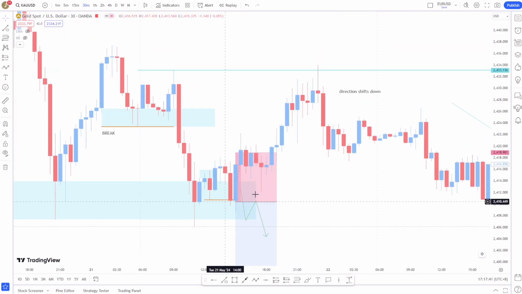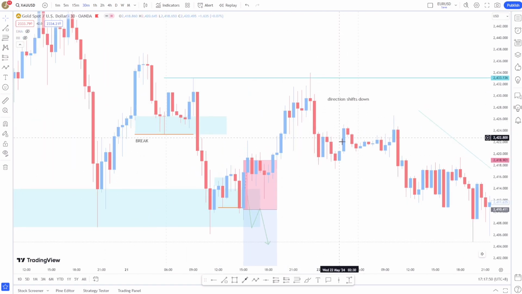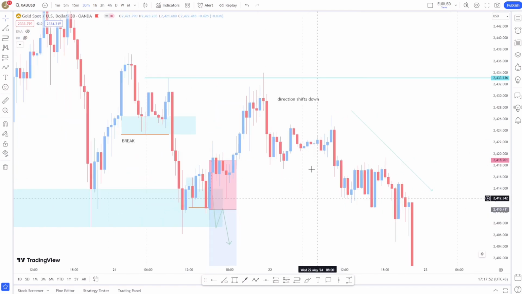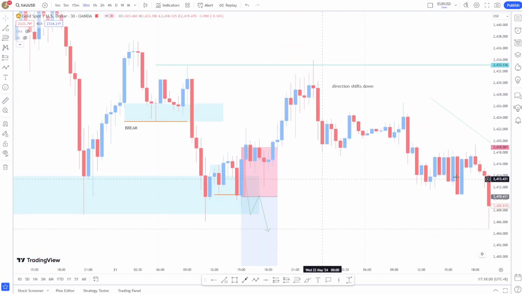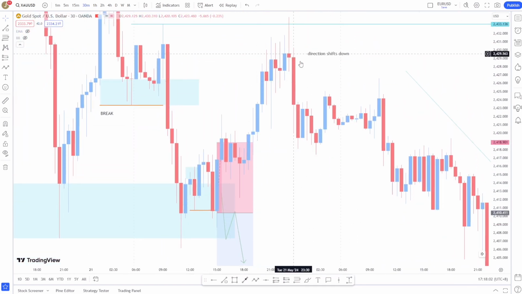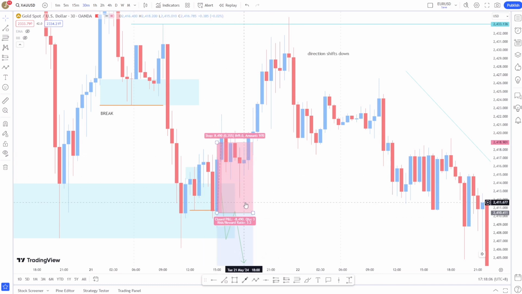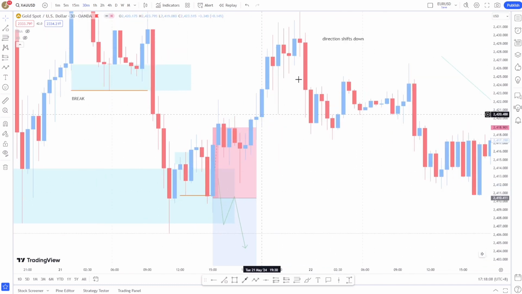If you start thinking that buys are in place, and you keep buying at every single level, then when the price starts shifting back bearish and you keep buying, boom, your account will get blown. So it's better to wait for proper price action. Even though you get stopped out here, it's okay. Just move on to the next trade.